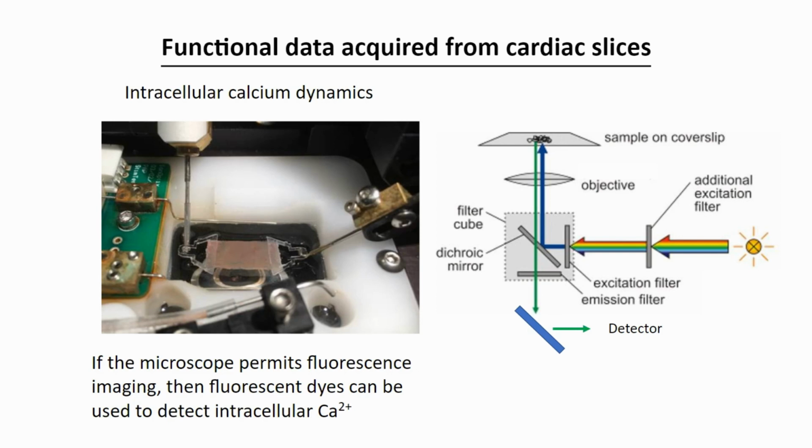This green light is then directed to a detector, and that will allow you to monitor what it is that you're looking at with your fluorescent dye, for example, calcium. And you could also put a red light or some other wavelength other than the ones you've used for excitation and emission, and you can direct that red light to a camera to continue to visualize the sample. In this way, fluorescence can be recorded while also simultaneously monitoring sarcomere length with the camera.